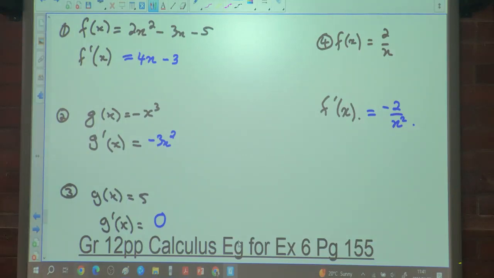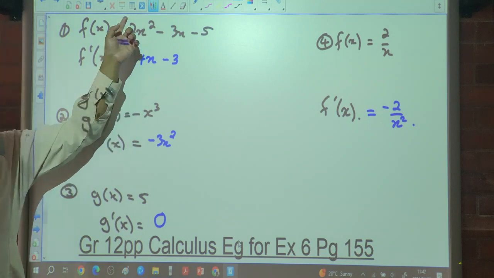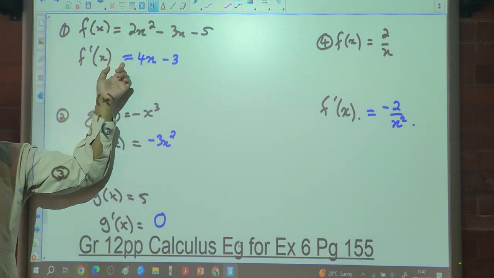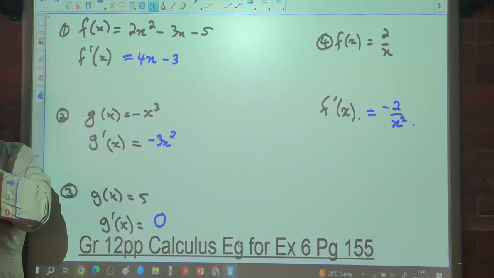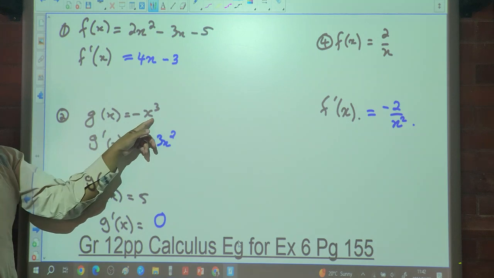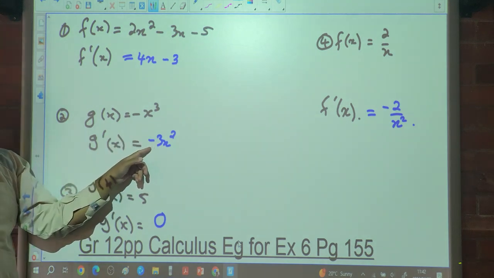When we do the substitution at a specific point, say for instance x is equal to 1, that will be the gradient of the tangent to the curve at 1. Okay. Do you see a link between the function and its derivative? What do you notice here?